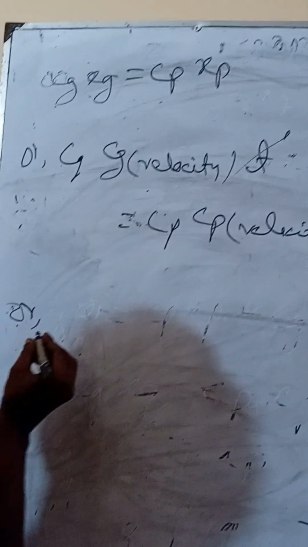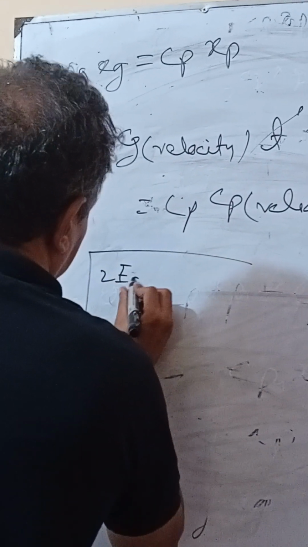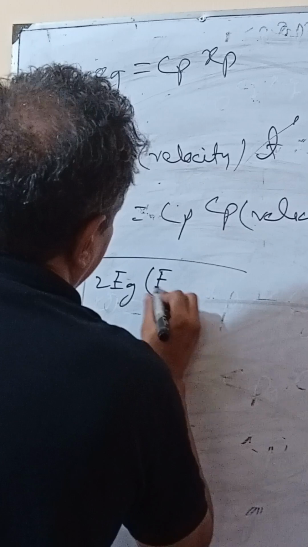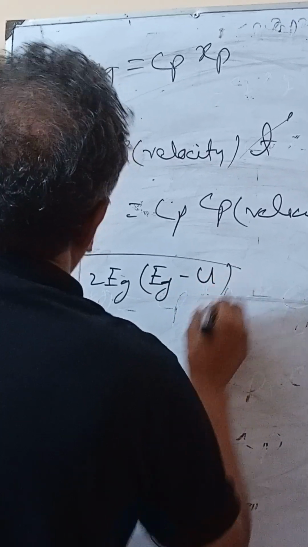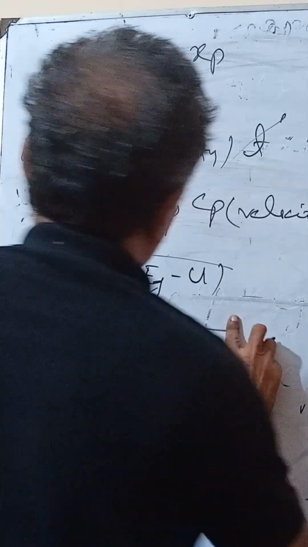Now Cz is equal to Ez, is equal to Ez minus U by H square.